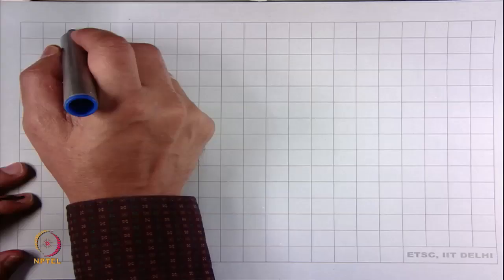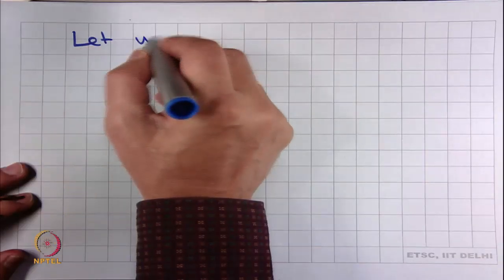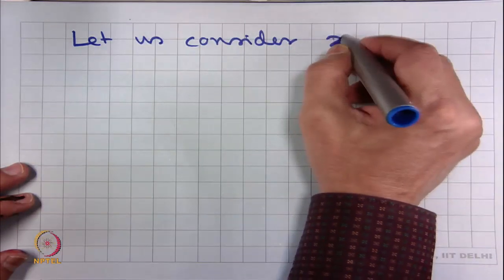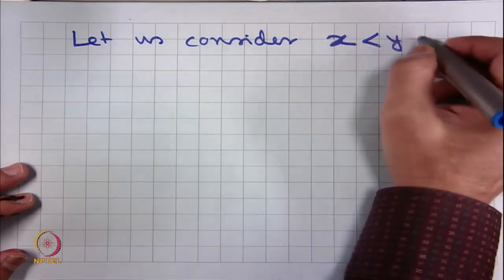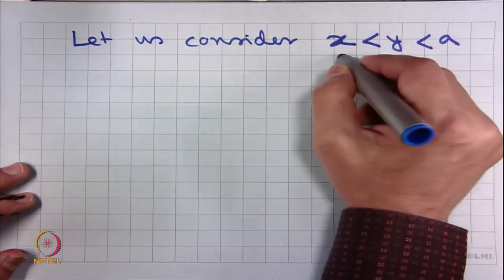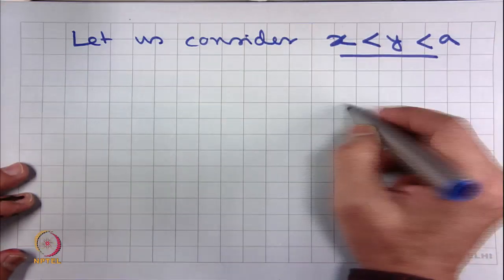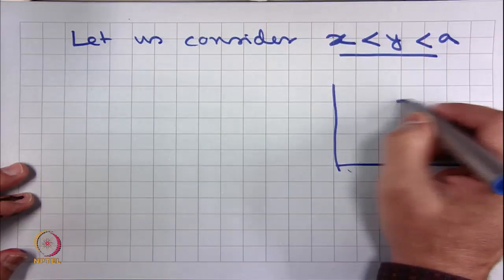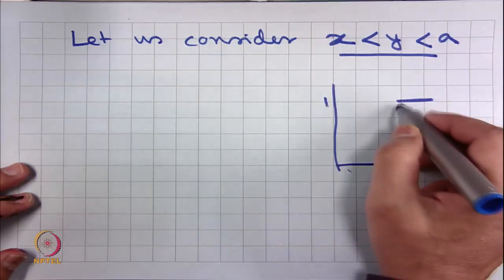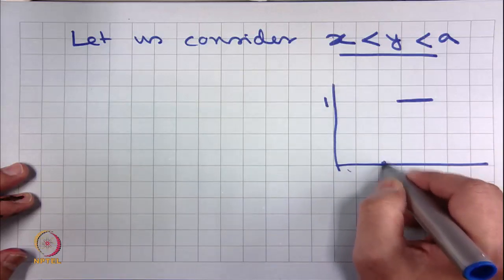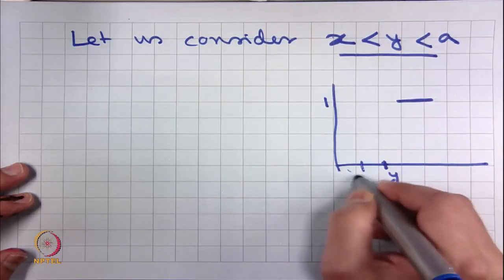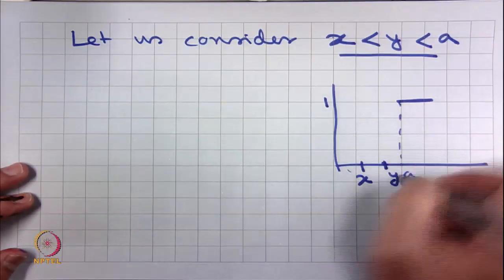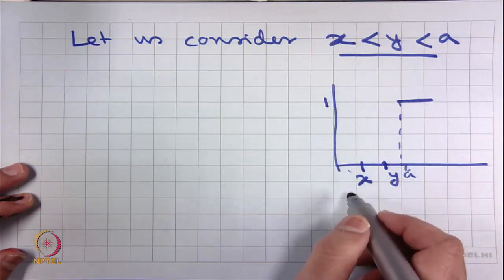So, let us consider x less than y less than A, where if you remember at A the membership value has been 1 and I am looking at 2 points y and x such that y lies in between A and x.